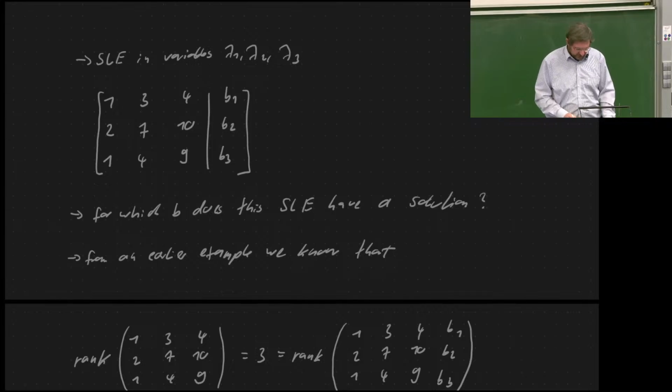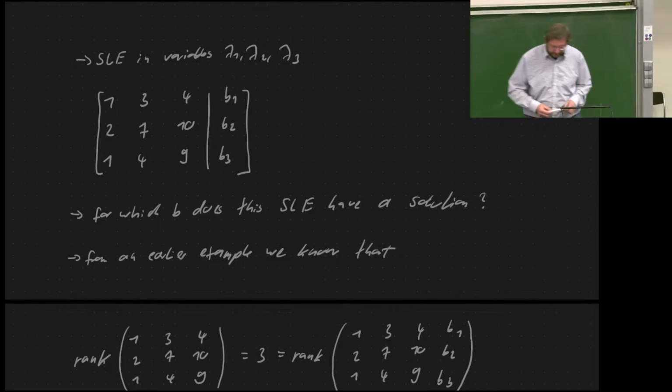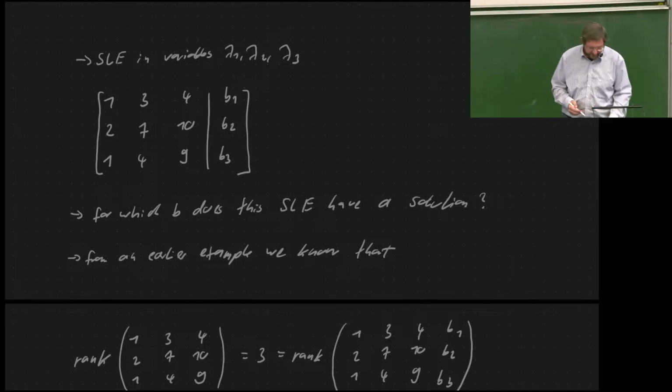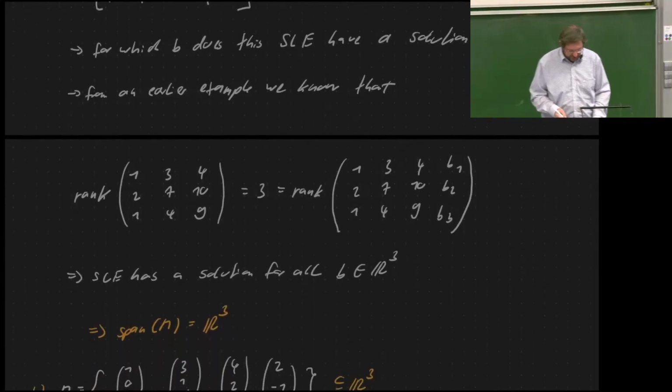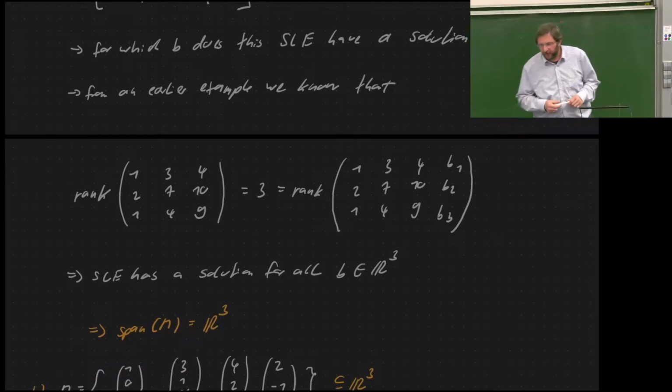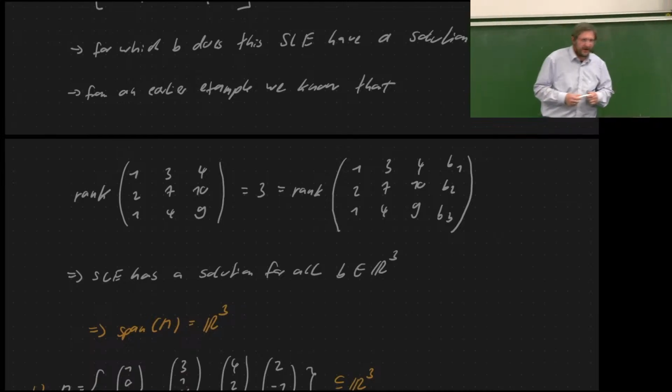We can do this by putting it into row echelon form and taking a look at when there is a solution. You can either try to solve it, or you can find out the rank and see if you can prove there is a solution. You don't actually need the solution, just to be sure whether one exists or not. We don't want to have this linear combination in hand, we just want to make sure there exists one, possibly more than one. That's fine, it doesn't have to be unique.